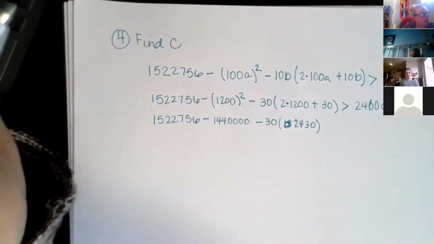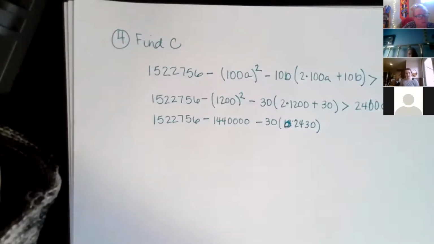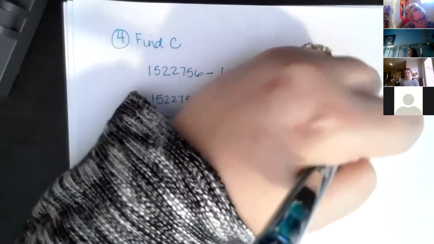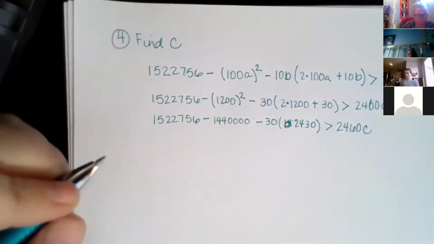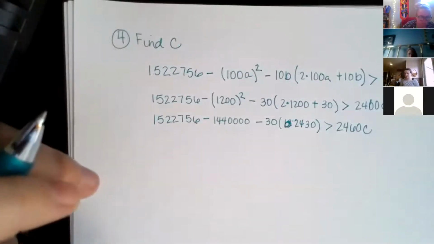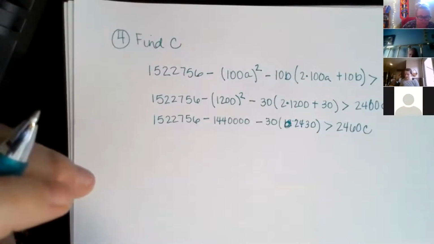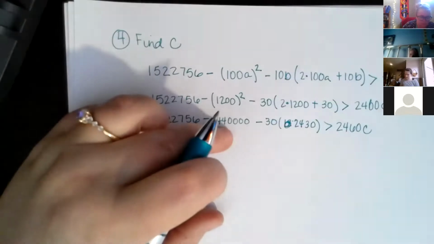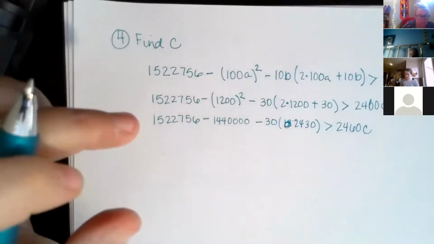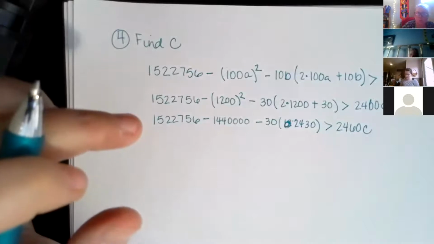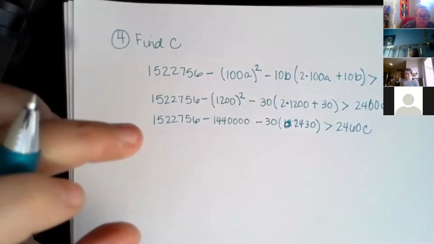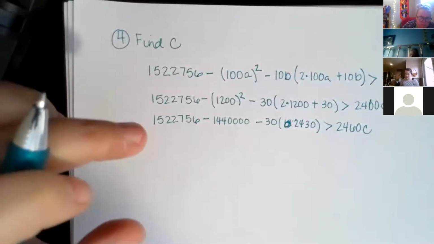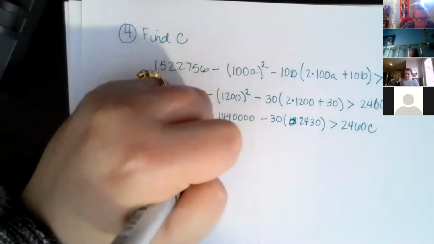Are y'all getting the same numbers I am there? Okay. 1,522,756 minus 1, 4, and then four zeros. Ah, missed a digit. Oh, I already calculated that number.